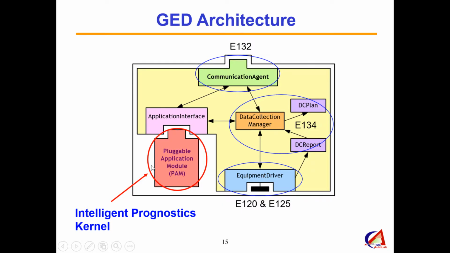In other words, if you have different applications, you just plug in different modules. So if this is your cell phone, you can download the application and plug it in, and you can do all kinds of applications you want. So this is the intelligent prognostics kernel, and we have a patent for this one too.